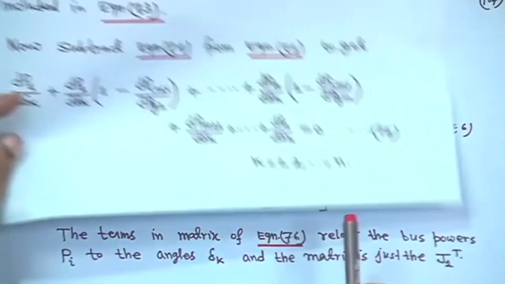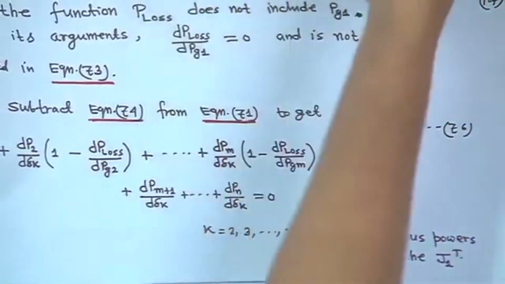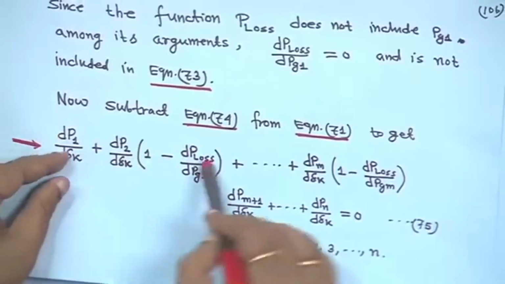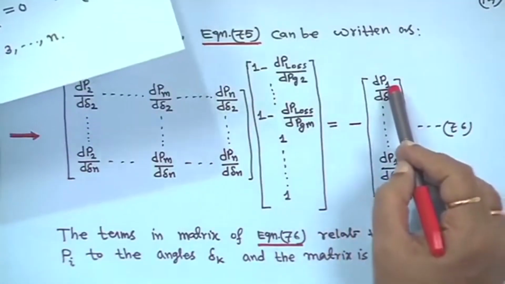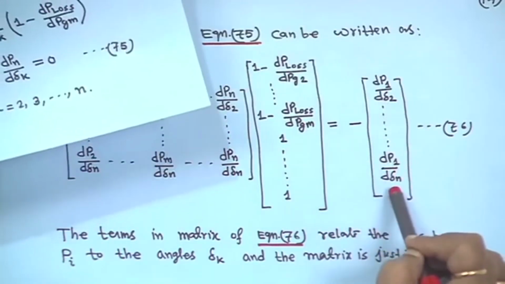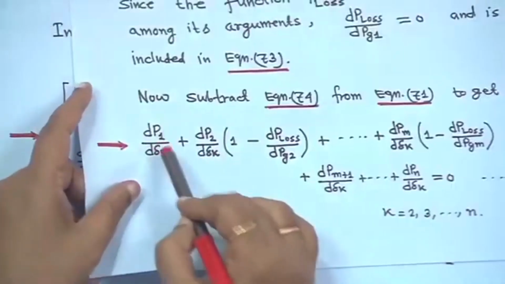For example, this dP1/dδk is taken to the right hand side. So that is equal to minus dP1/dδ2, dP1/dδ3 and so on, then dP1/dδn, minus of this one, right. That means this term has been taken to the right hand side.